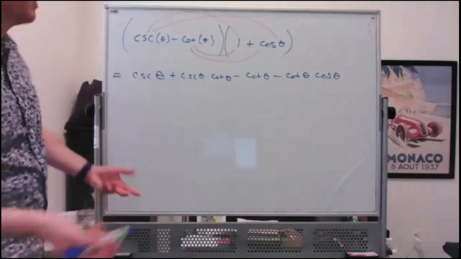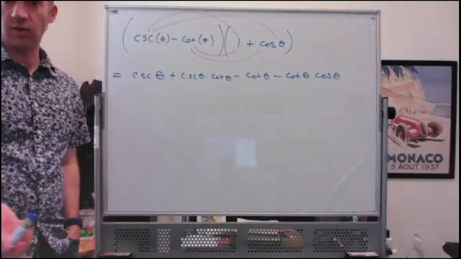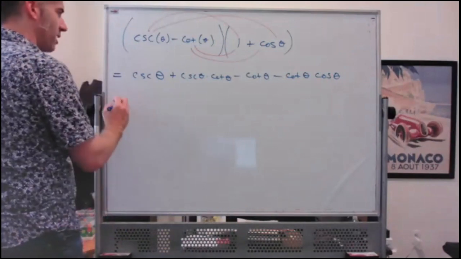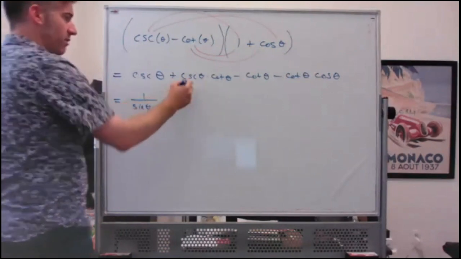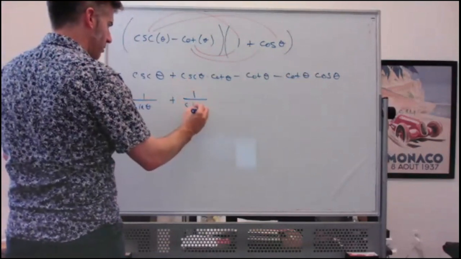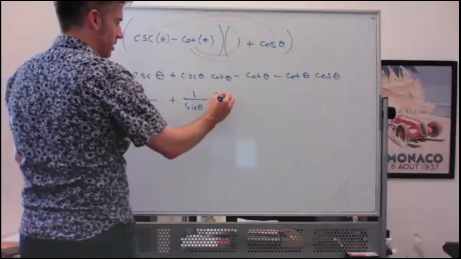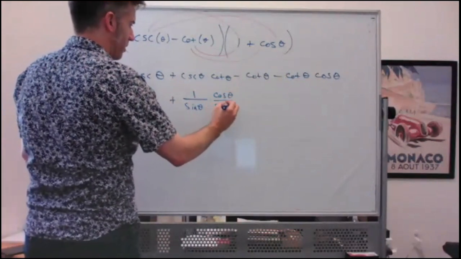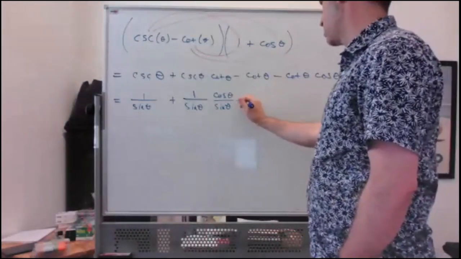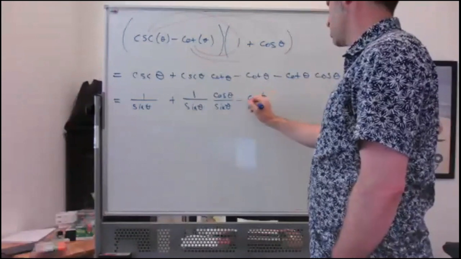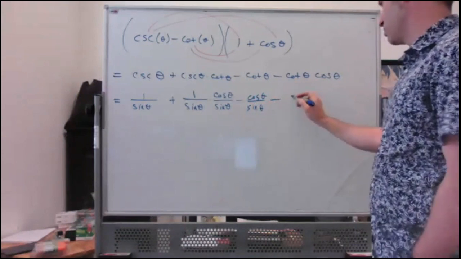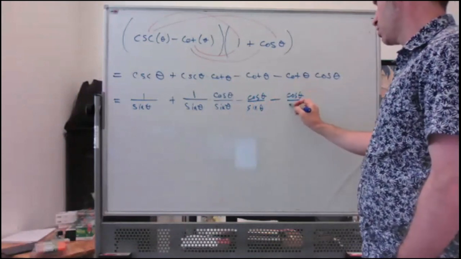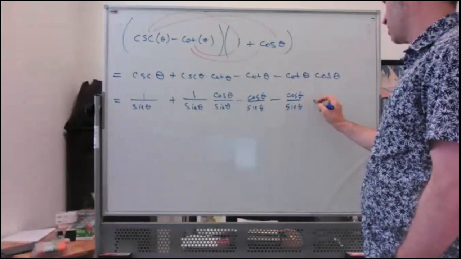And now is probably the time to use the sine and cosine equivalence. So cosecant theta is 1 over sine of theta. Cosecant of theta is again 1 over sine of theta. And cotangent theta is cosine theta over sine of theta. And cotangent theta times cosine theta is going to be cosine theta over sine theta times cosine theta.